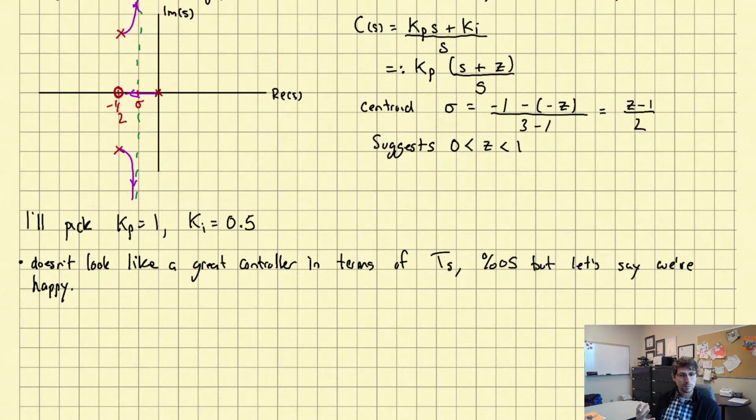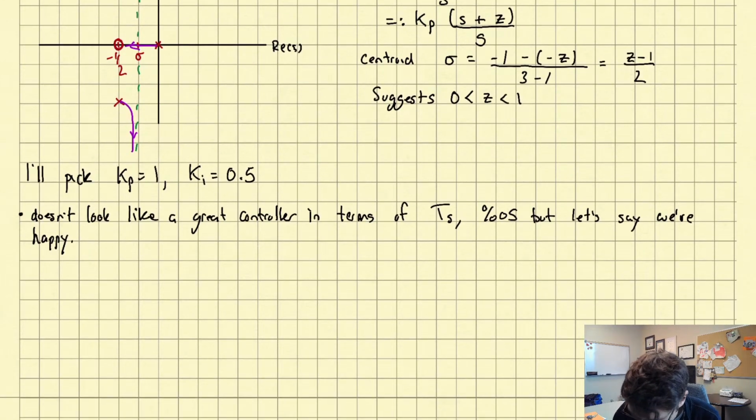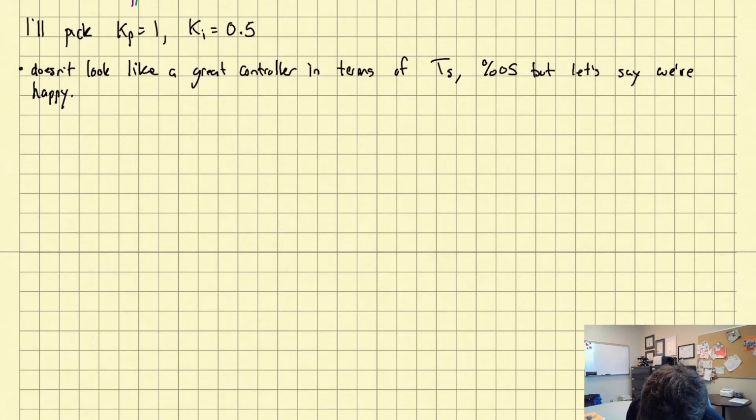Okay, so we need to test whether or not it's going to work, not on the linear plant. We know it's going to work on the linear plant in terms of the specs. We need to test on the nonlinear plant. Okay, so let's draw a picture of that. To implement C of S, we discretize, of course.